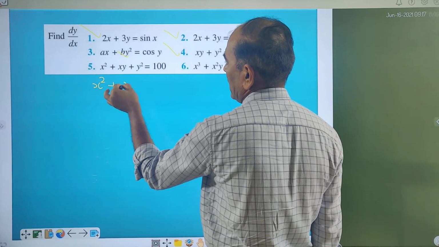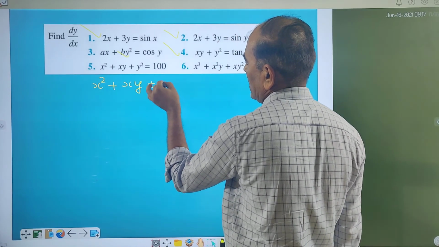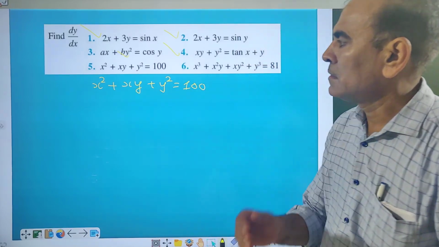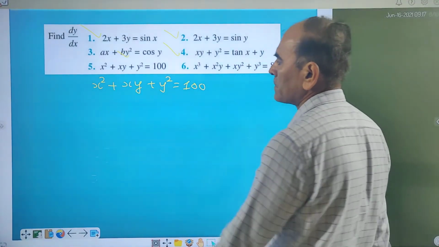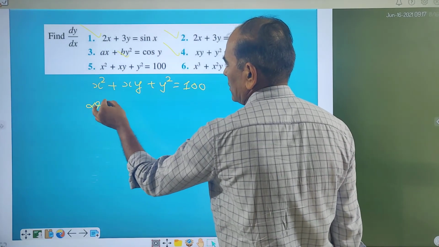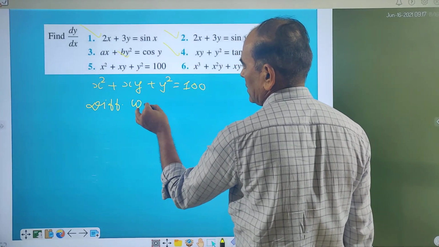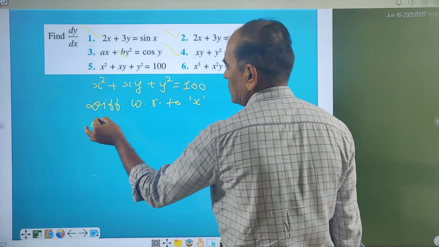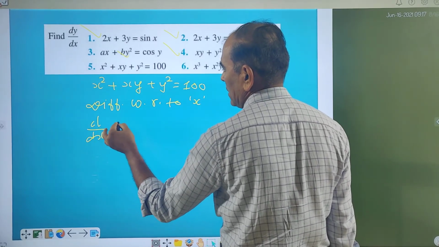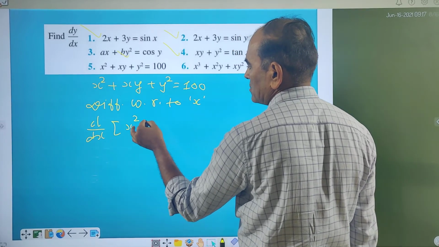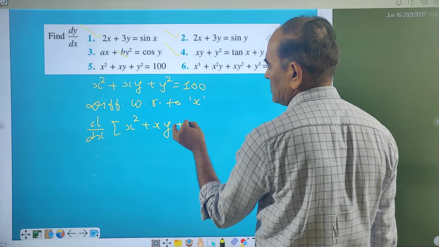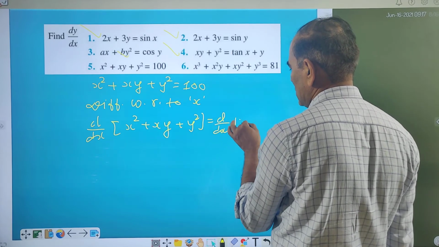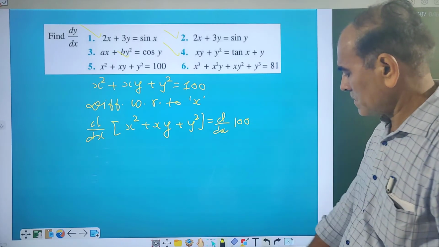Fifth one: x square plus xy plus y square is equal to 100. That is given to us. Differentiate with respect to x. So d by dx of (x square plus xy plus y square) is equal to d by dx of 100.